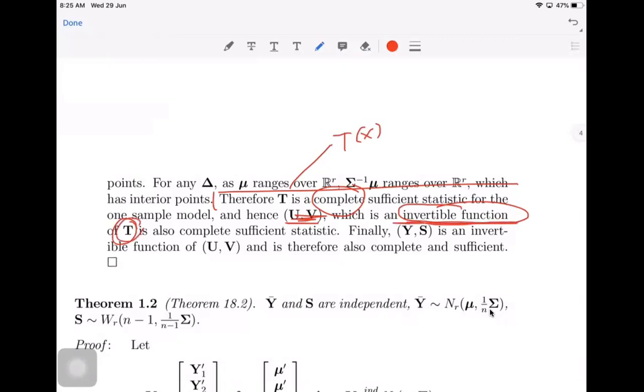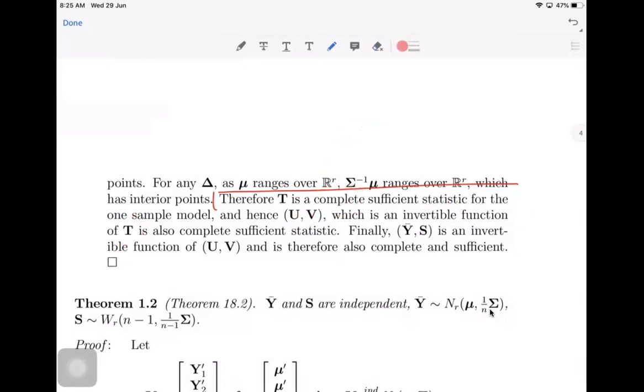This is a very important condition here, and it's also complete sufficient statistics. Finally, since Y bar and S are invertible functions of U and V, they are also complete and sufficient.